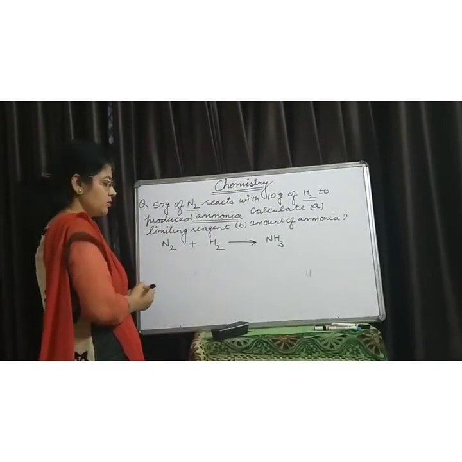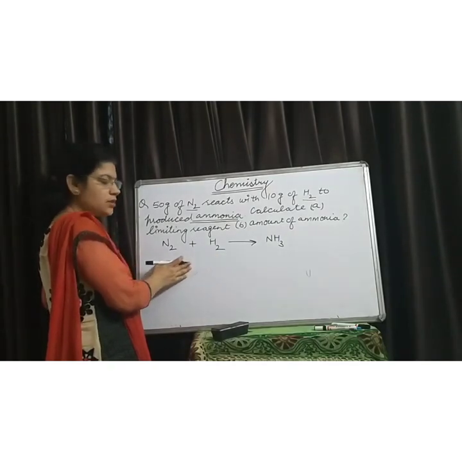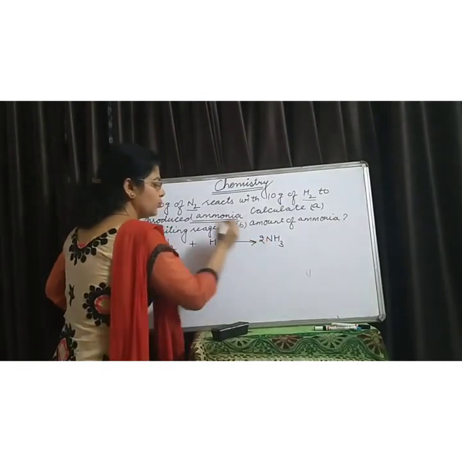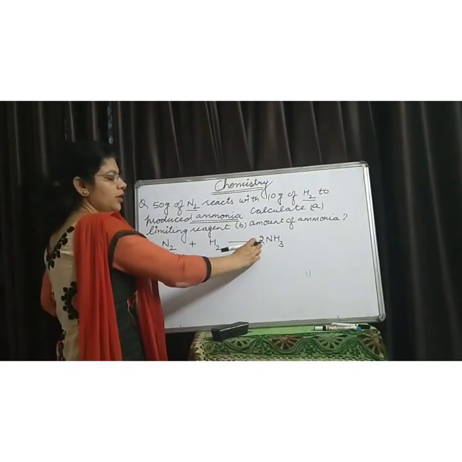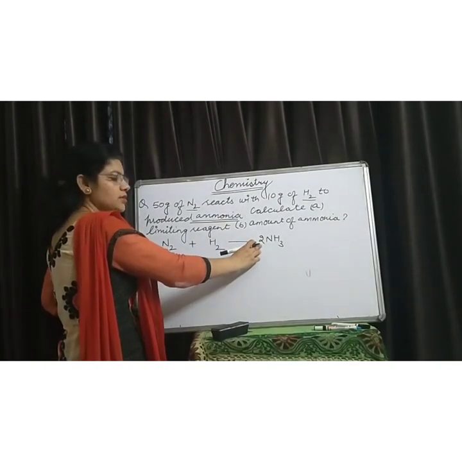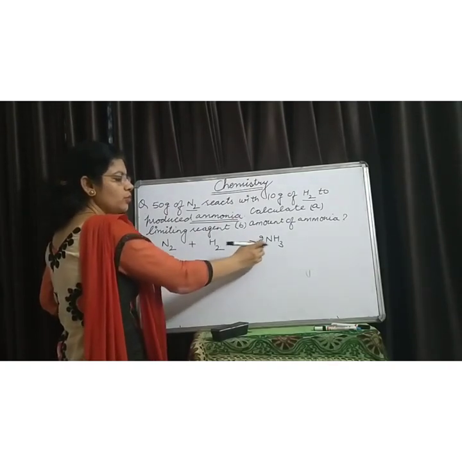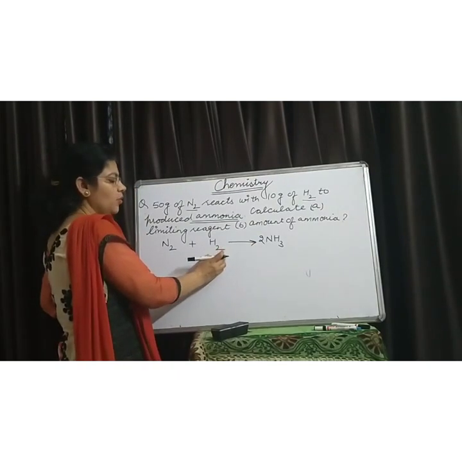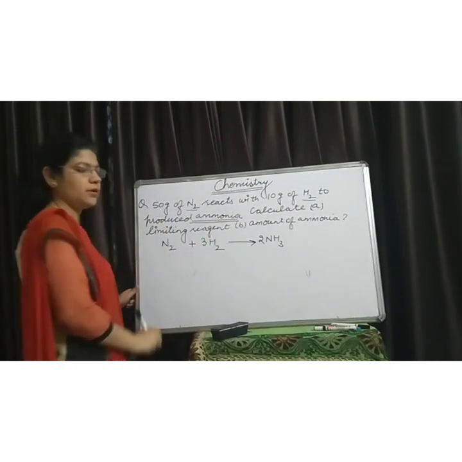The next step is to balance this chemical reaction. As it is not balanced, I put a 2 here, as the number of nitrogen atoms is 2 in the reactants, so that on the product side it also becomes 2. By multiplying by 2, the number of hydrogen atoms is 6 on the product side, and on the reactant side it is 2, so I multiply by 3.